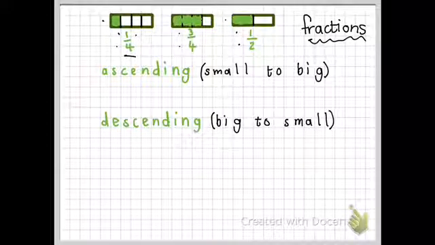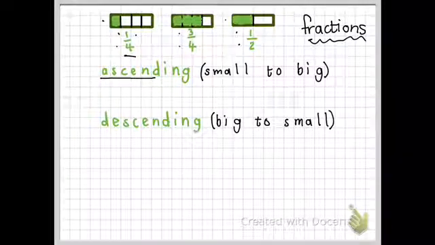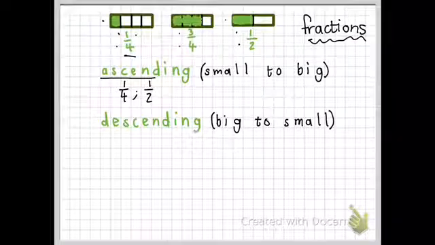So if I were to put these fractions in ascending order, which means small to big, ascend means to go up, so from the smallest to the biggest, I would go with the smallest first, which from looking at the white that's left over, the quarter is the smallest piece. Next I would put the half. And then lastly I would put the 3 quarters, because that's the biggest out of the 3 fractions.